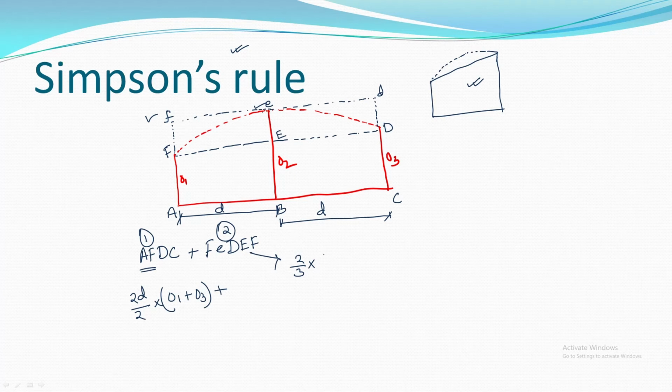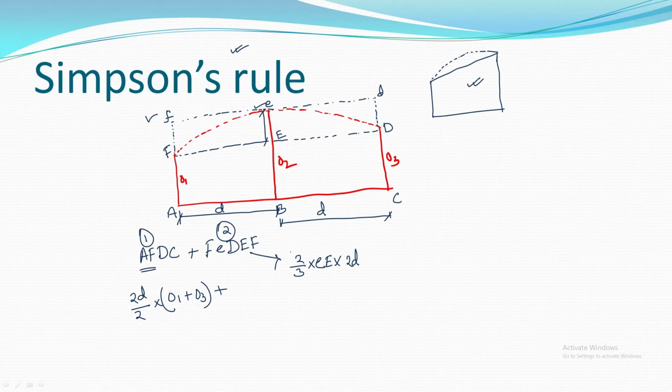So what will be the value? 2/3 into this particular height, that is small e capital E, this particular distance, and the distance between A and C, that means 2D. So this is the area of this segment.